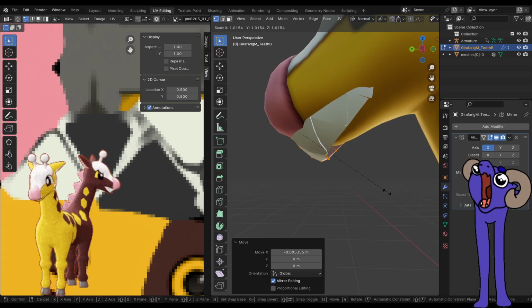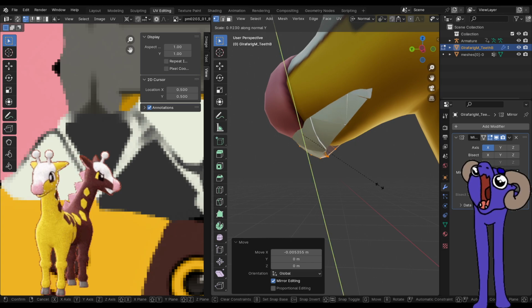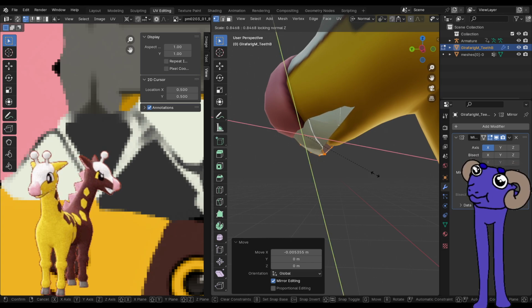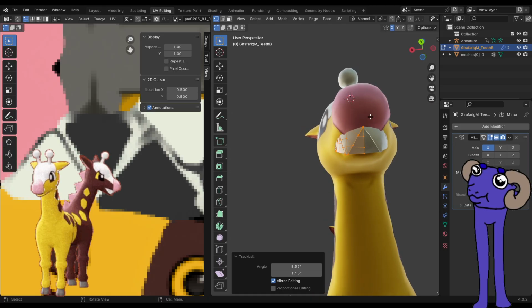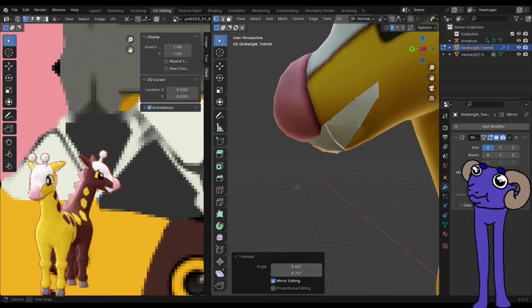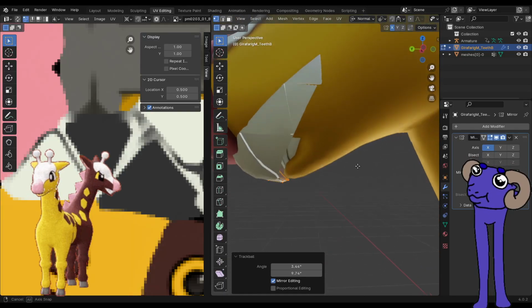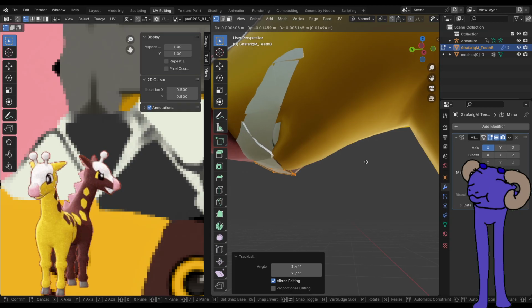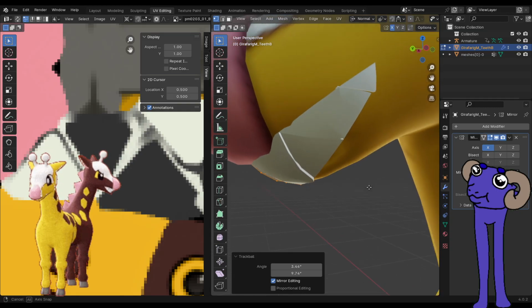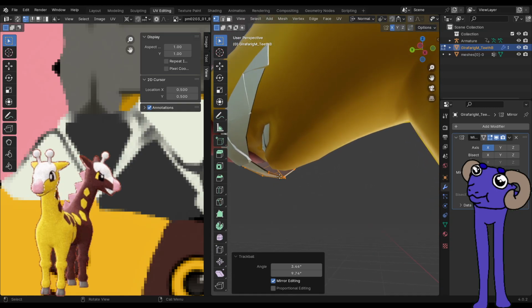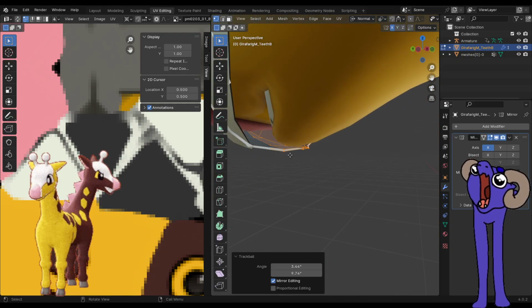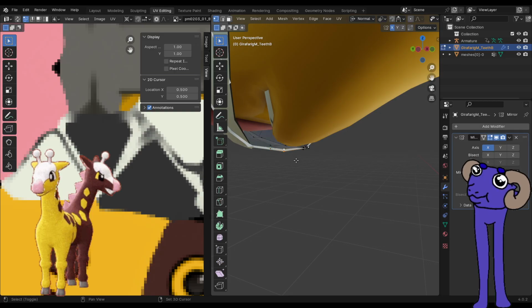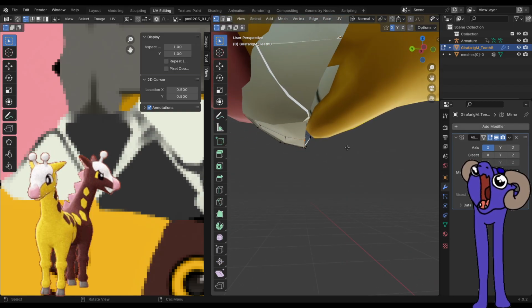Go based on normal and try to scale this that way, I guess. Might just have to move the jaw down as well, because it's going to be a bit big for them otherwise.